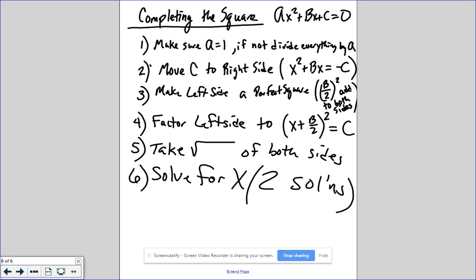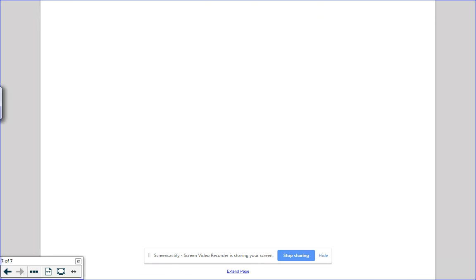Abbreviation. You good, or do we need more time? All right, quick example. Stick with me here. This is probably gonna run right up to the bell.